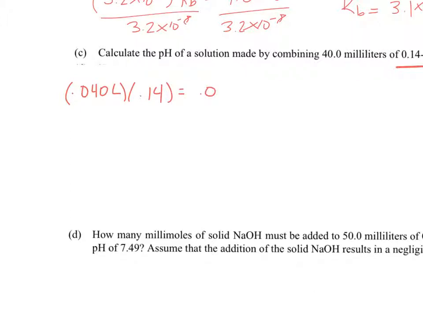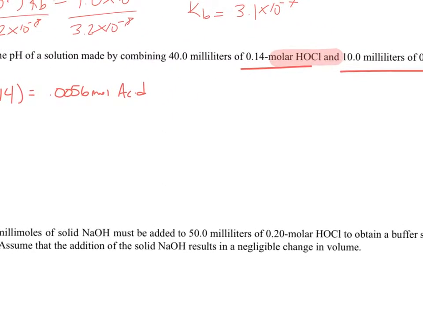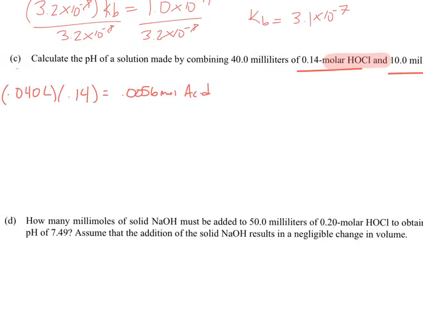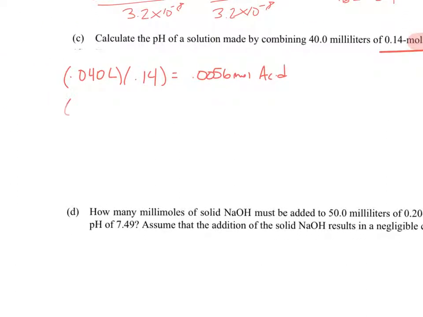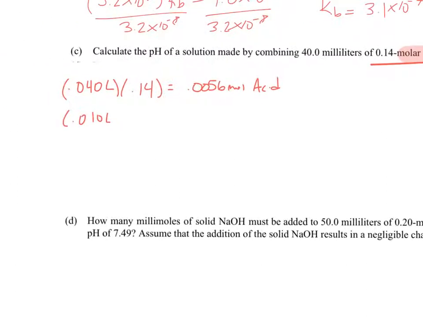That equals 0.0056 moles of acid. Now next up I'm going to take the 10 milliliters of 0.56 molar, so 0.010 liters of 0.56 molar, which equals 0.0056 moles of base added.